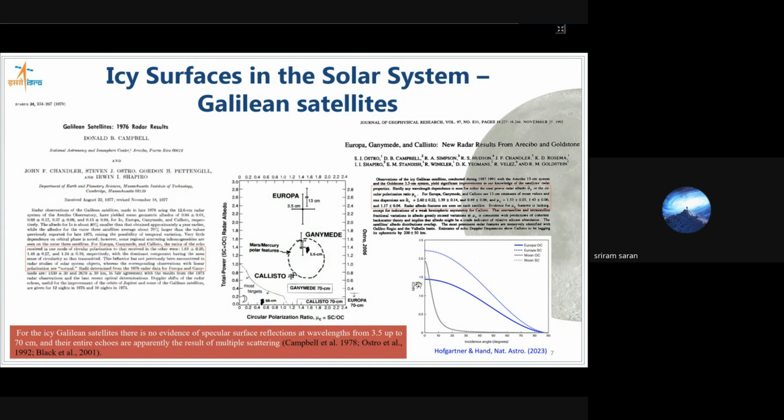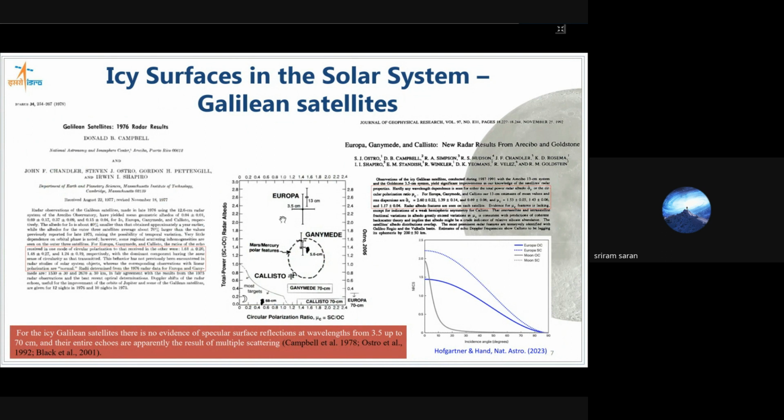These were carried out in the 70s as well as the 90s from the ground-based Arecibo radar system. As you can see, all these icy Galilean satellites have this parameter circular polarization ratio very much higher than 1. These are the two papers which I have shown here, highlighting these observations.